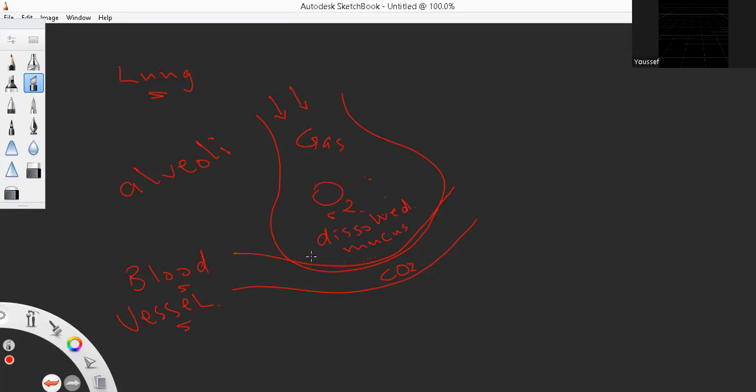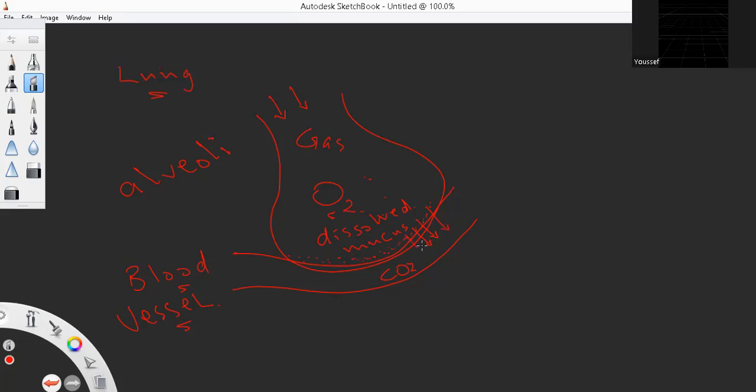Here the mucus has oxygen dissolved inside the alveolar wall. So the oxygen will diffuse from high concentration to low concentration inside the blood stream.